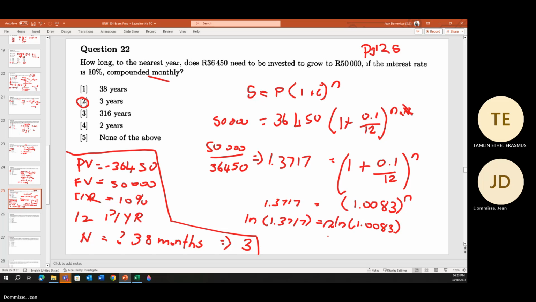And then n is equal to ln or log 1.3717 divided by log of 1.0083, and that will then give us 38. So again, remember it's months. We need to then transform that into years.